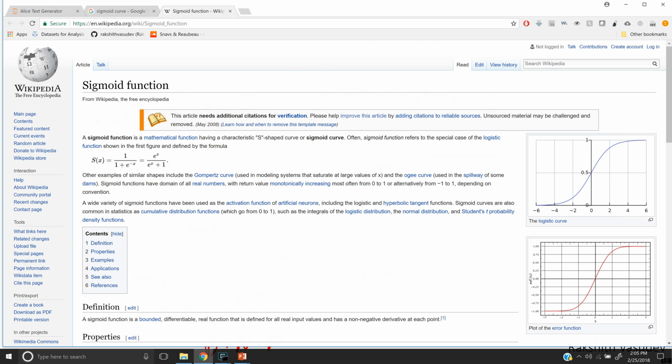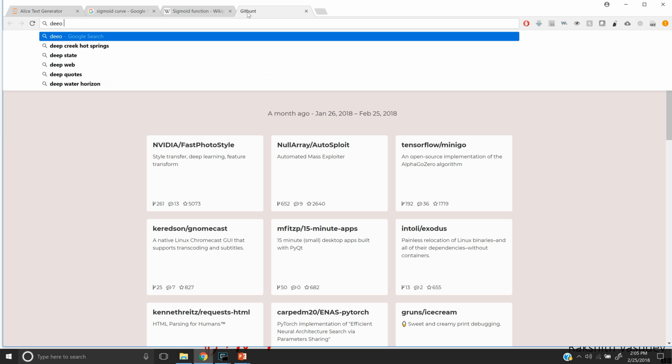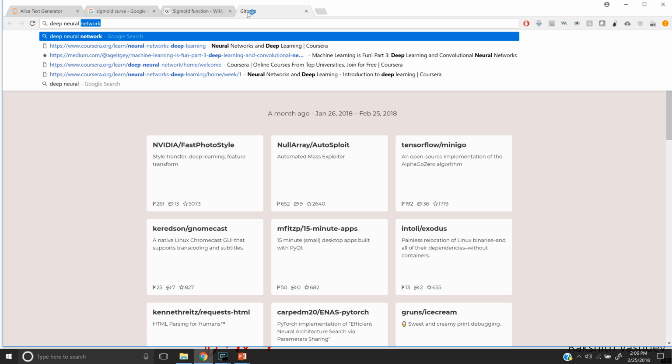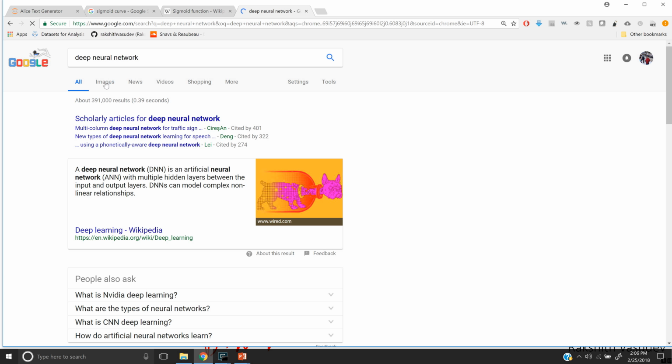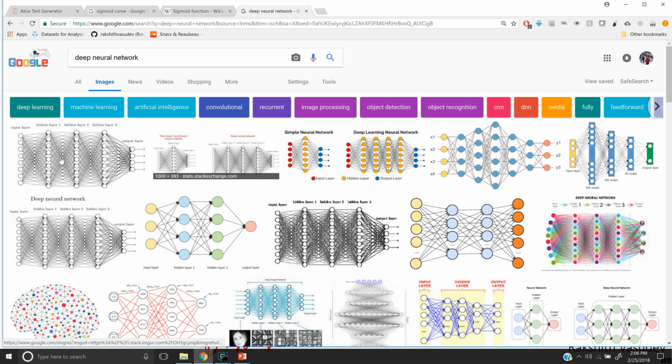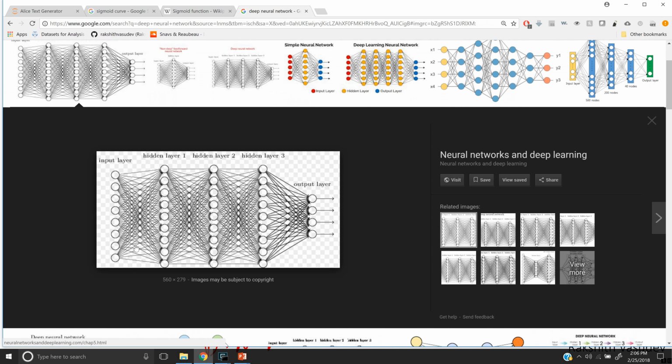Let me show you a picture of a deep neural network and we'll be done. So this is how it looks. This is called the input layer. This is the hidden layer, hidden layer, hidden layer, output layer.